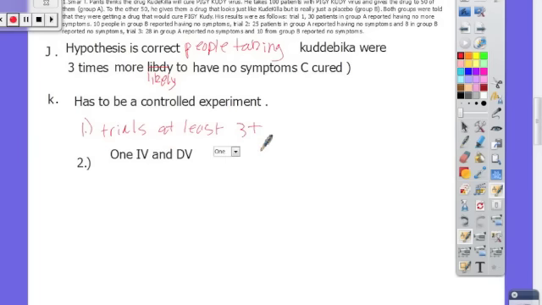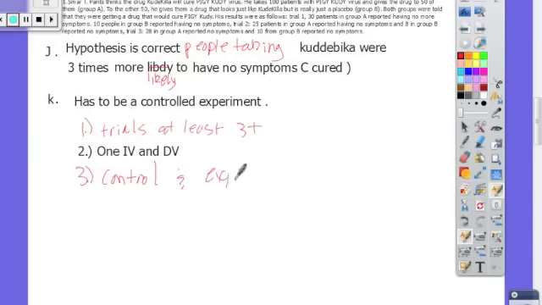We keep it simple. We only test one thing at a time. Then it also has to have a control group and an experimental group.